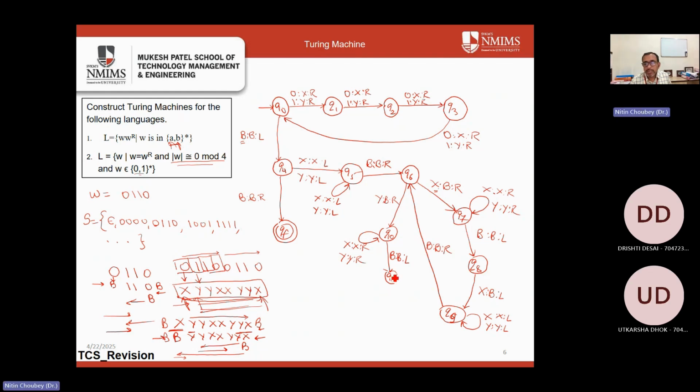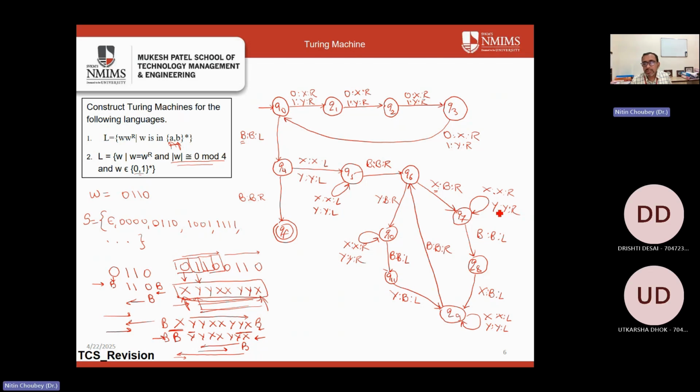In Q11, if I get Y, then only I will replace that Y with blank and move to left. And this task would be repeated.